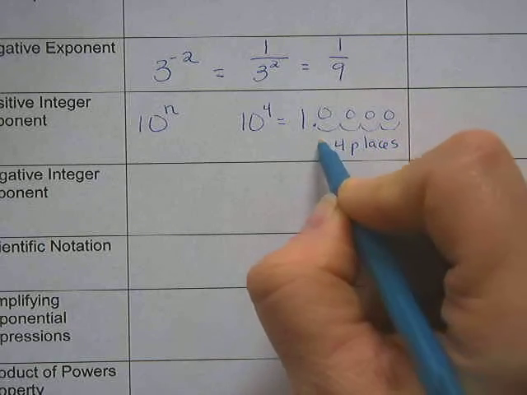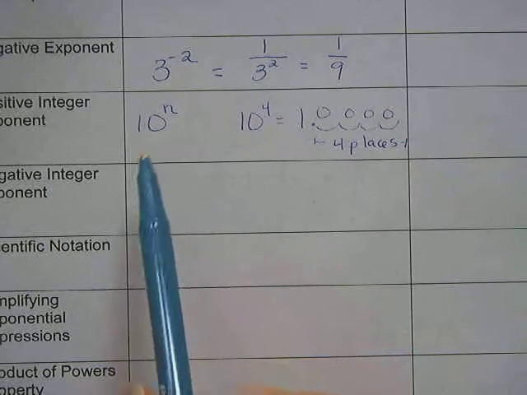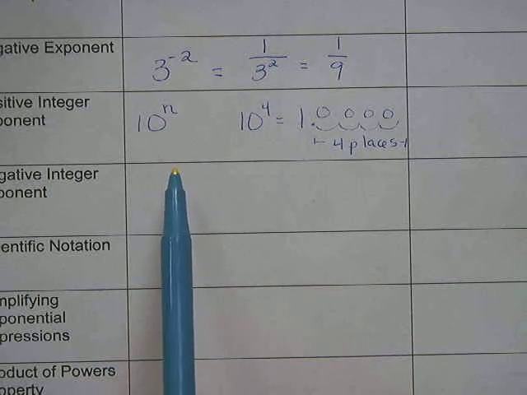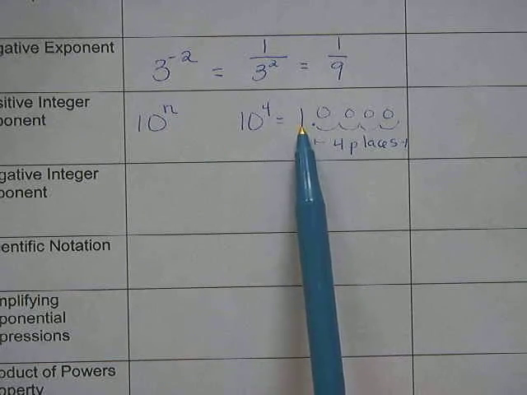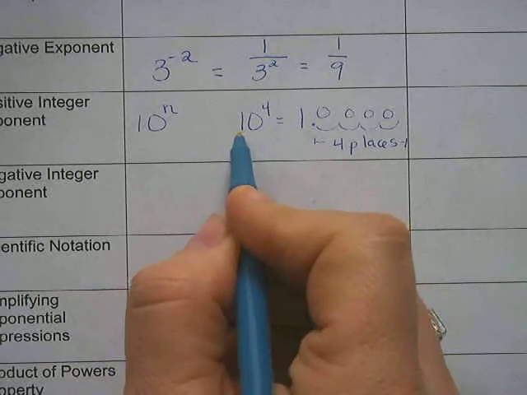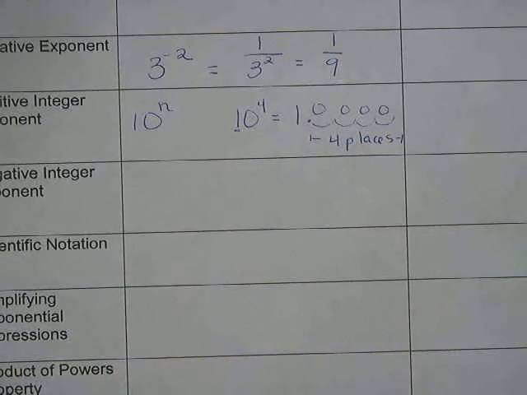So in your book, it looks like this. The definition says, if n is a positive integer, find the value of 10 to the nth by starting with the number 1, and we get that by this 1, and moving it 4 places to the right.